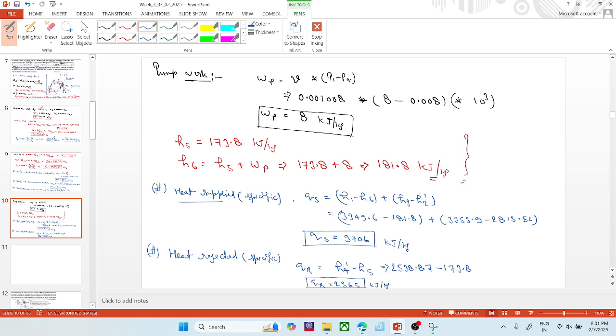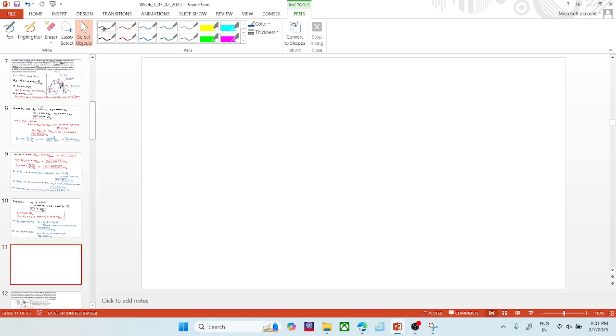Now we can answer all the parts which are asked. So in part A, what they have asked is the thermal efficiency. The thermal efficiency would be W net by heat supplied.